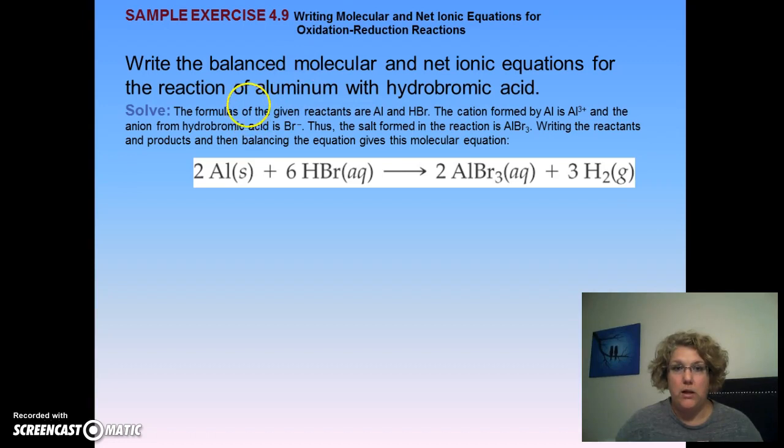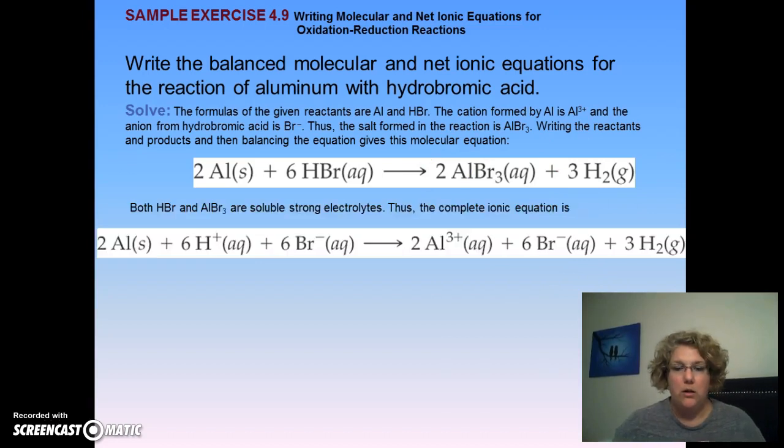Hydrogen was +1 in the acid, and aqueous, and now it's neutral and a gas. Okay, so that was the one that was reduced. Aluminum was oxidized, hydrogen was reduced. What did bromine do? Not a thing. Bromine was -1 and aqueous in both the reactants and the products, so that's our one spectator ion that we can ignore and leave out.